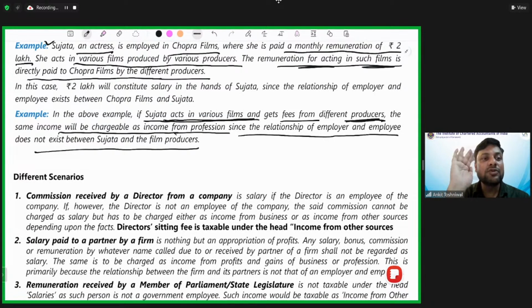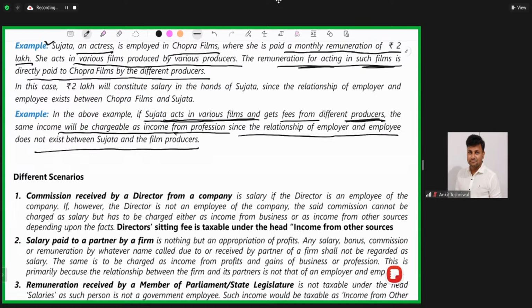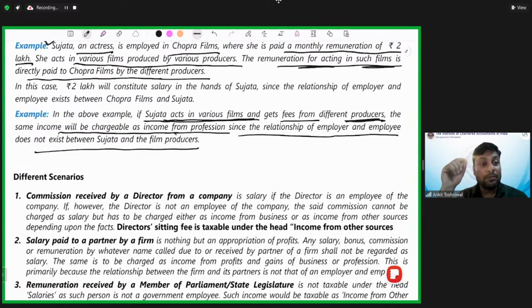But if he is not an employee of the company, then it is taxable under PGBP. But sitting fees is always taxable under other sources. Is it clear?